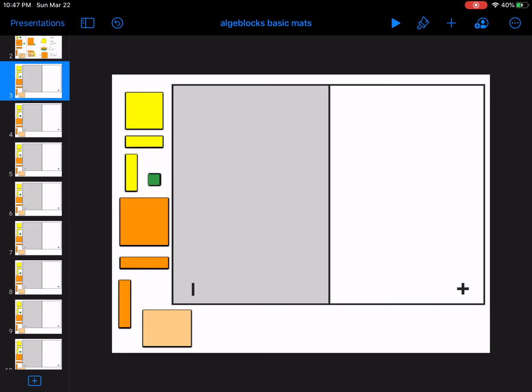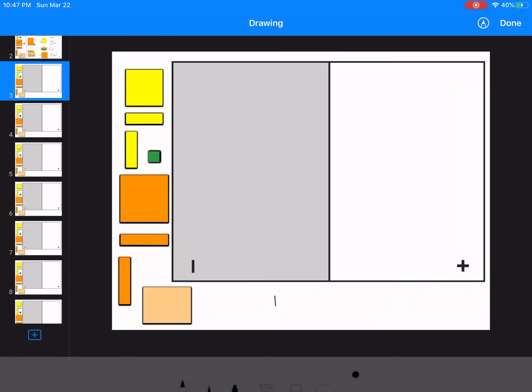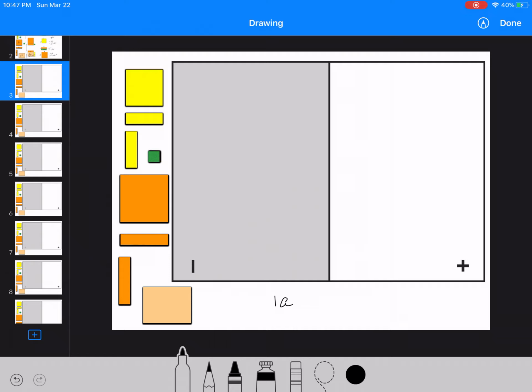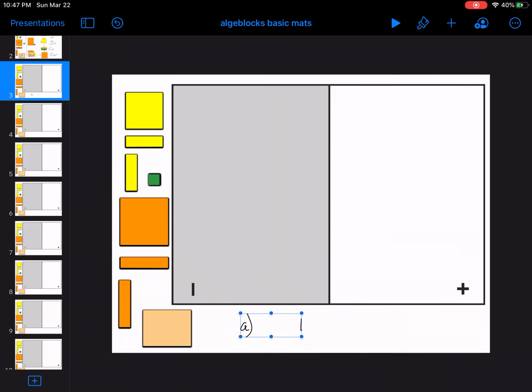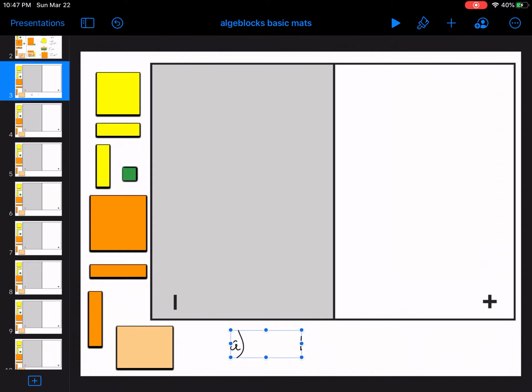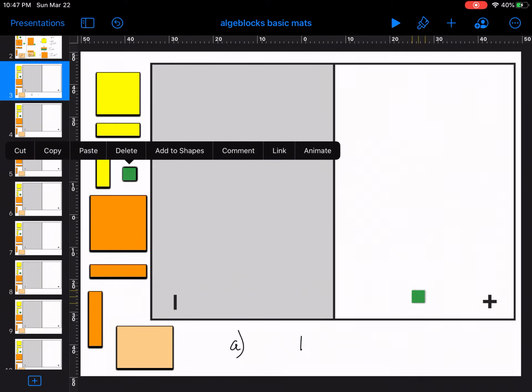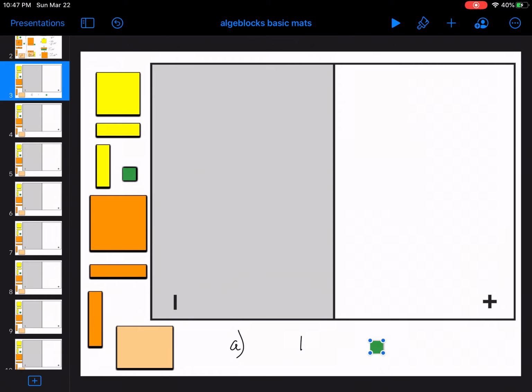So, question 1A. Question A is to model 1. Well, we know that to model 1, we need to look at this block. That represents 1.